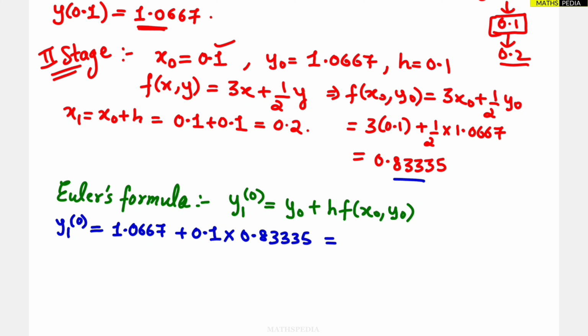So what is the answer you are getting? You are getting it as 1.15. Done. Now we'll go for the modified Euler's formula.